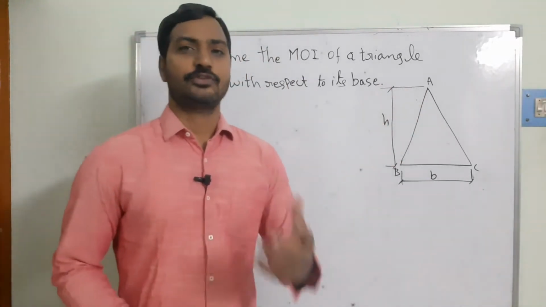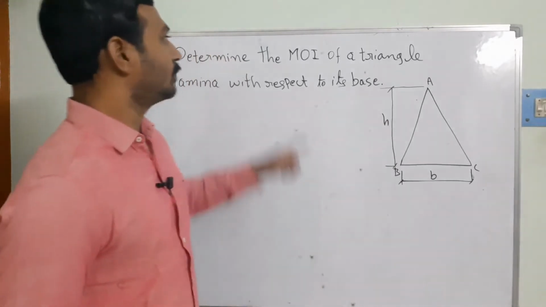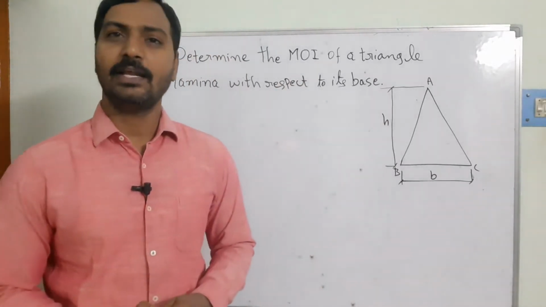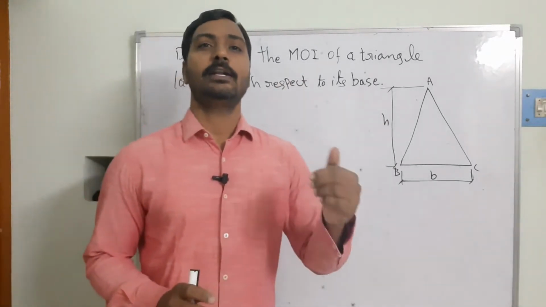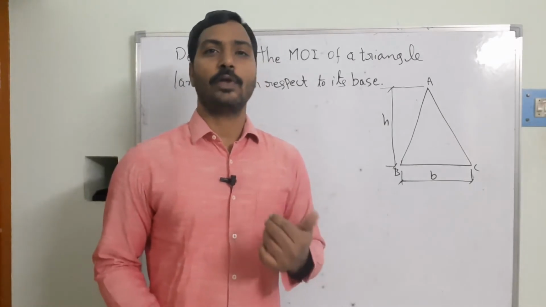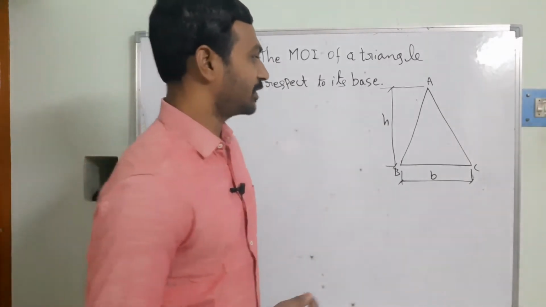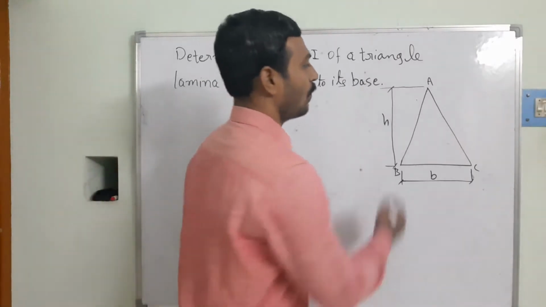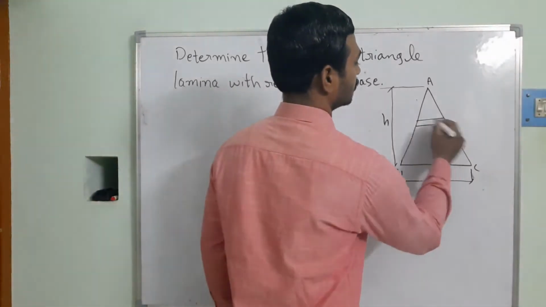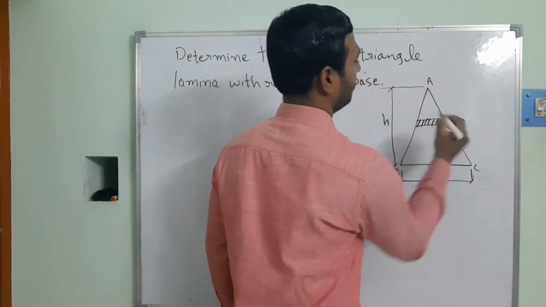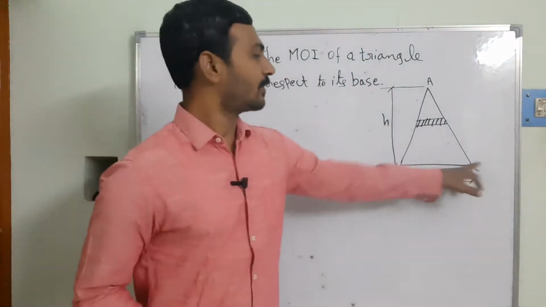So what is the first step we have to do here? While calculating the moment of inertia, first we need to take the elemental strip. Once we take the elemental strip, we apply the moment of inertia equations. I am considering one elemental strip at some distance from the base.